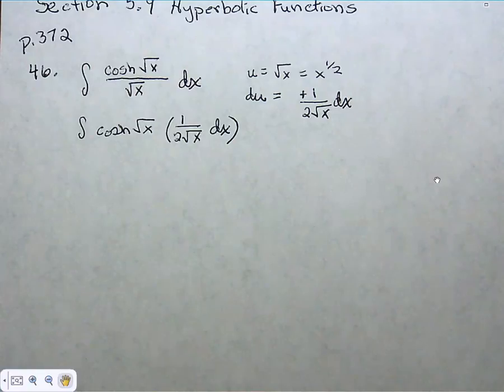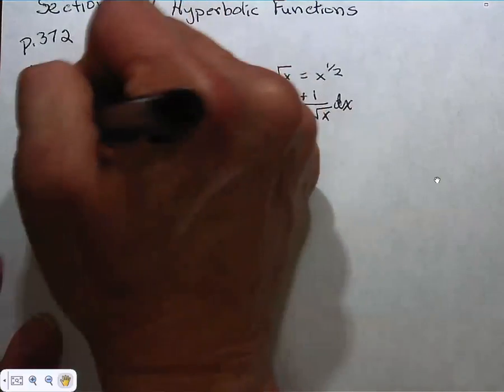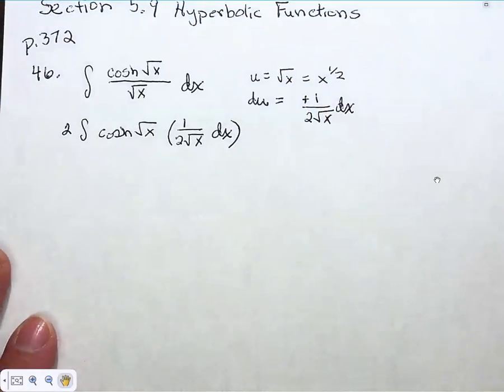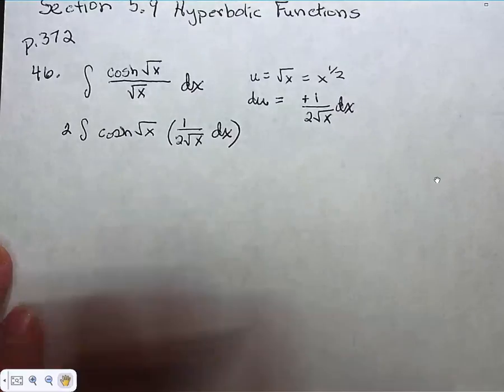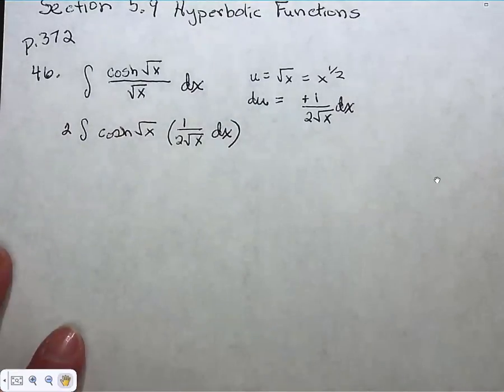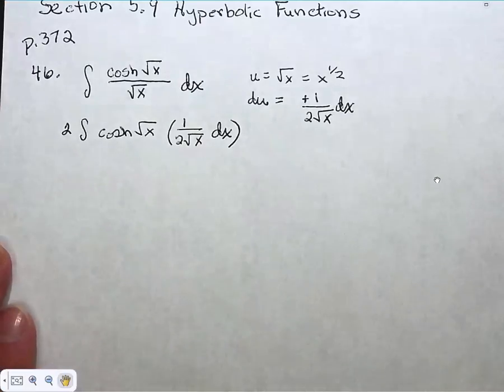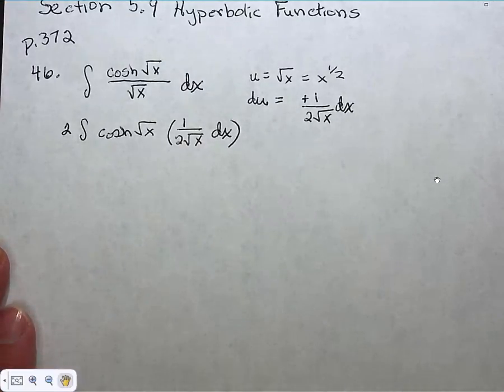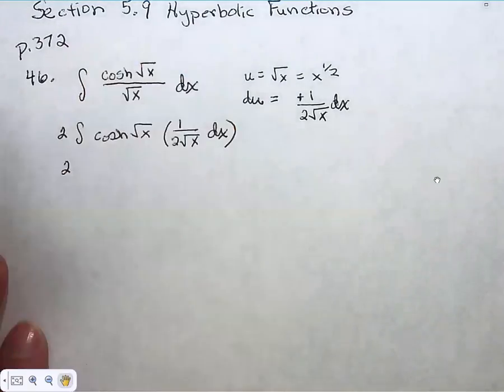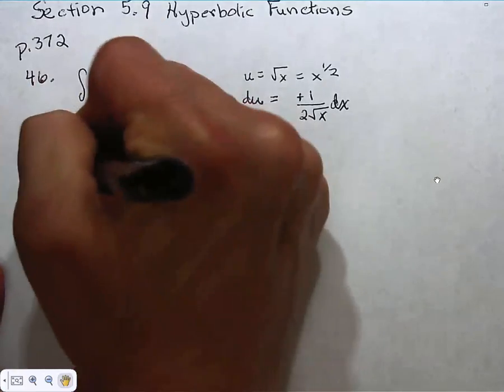Is there a way to make that equivalent to the line above it legally? Yep. And then double check that everything's equivalent. And this is cosh u du. And then what's the antiderivative of cosh u? Just gonna let you say it out loud for the fun of it.